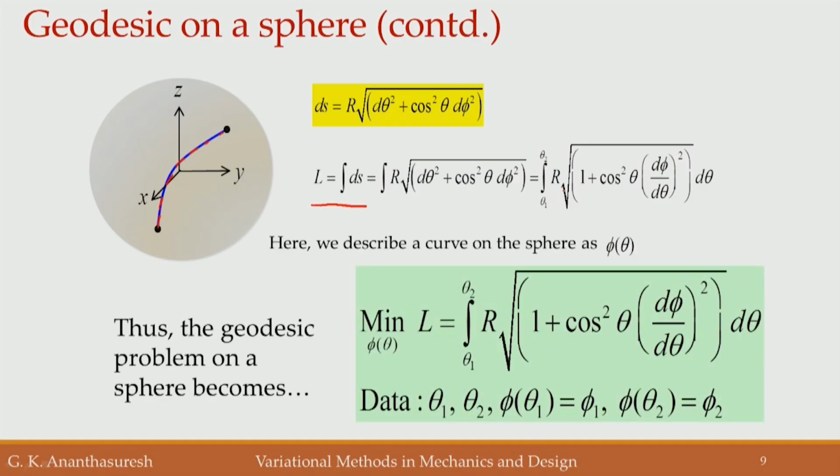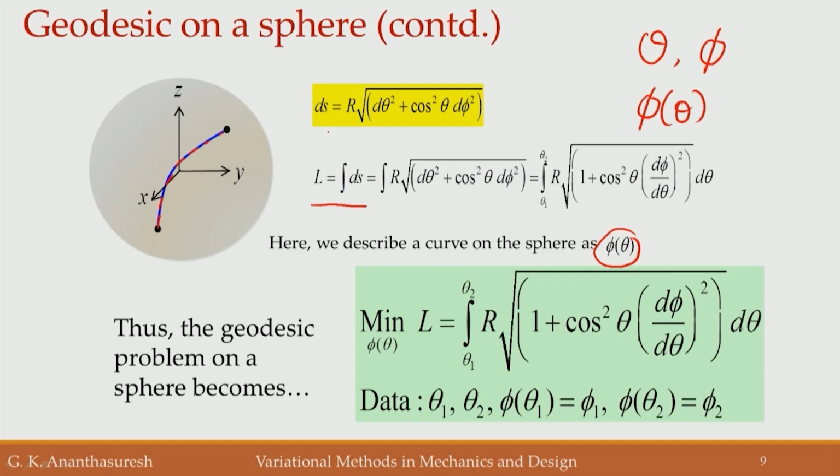And now if you prescribe a curve on the sphere as phi in terms of theta, because we have two variables theta and phi to reach any point on the surface of the sphere, if I consider that phi is a function of theta, then I have only one degree of freedom to move, and that is theta. Okay. When you move along a curve, you only vary one variable, so if you take that as theta, then phi will be a function of theta.